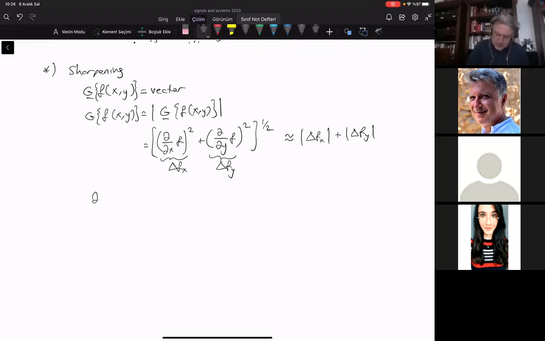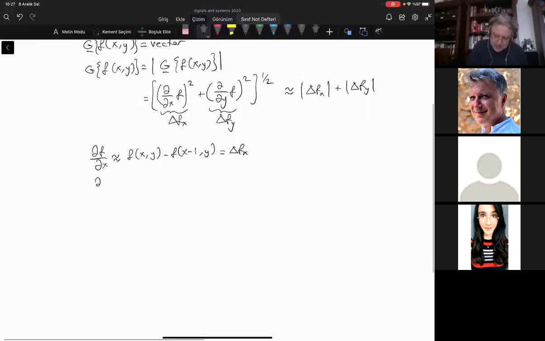By the way, this delta f by del x can also be further approximated. So delta fx is an approximation by itself as in discrete time f(x,y) minus f(x minus 1,y). So it's the first difference that I'm taking to call it delta fx.